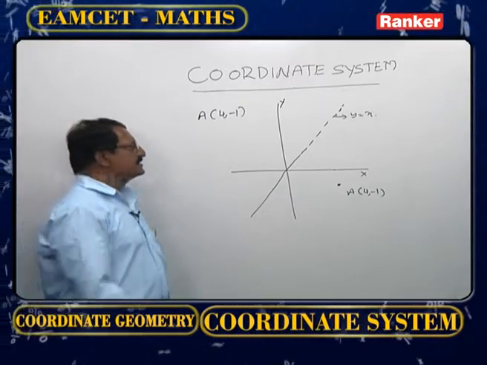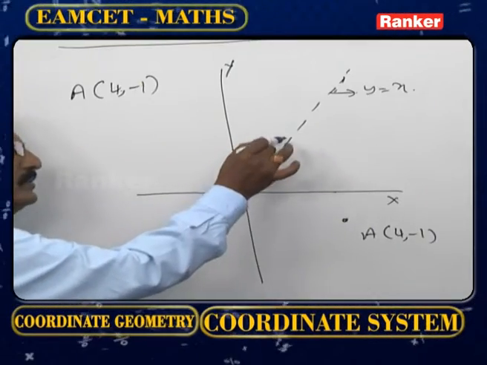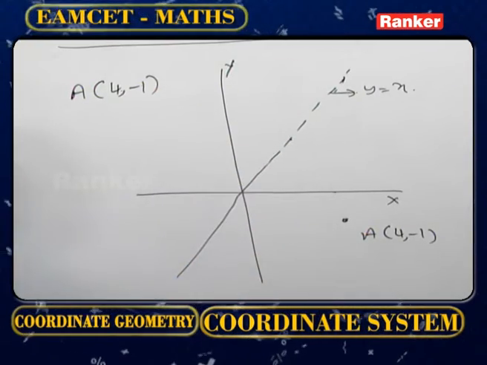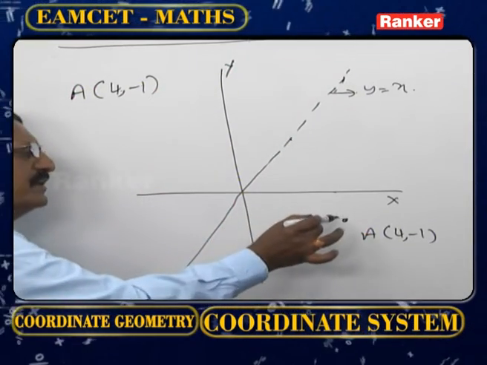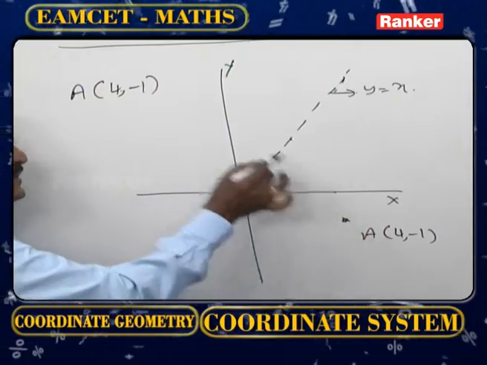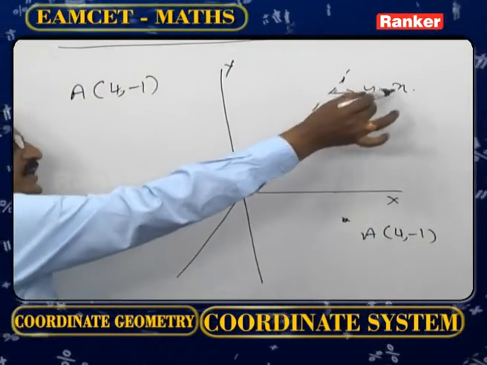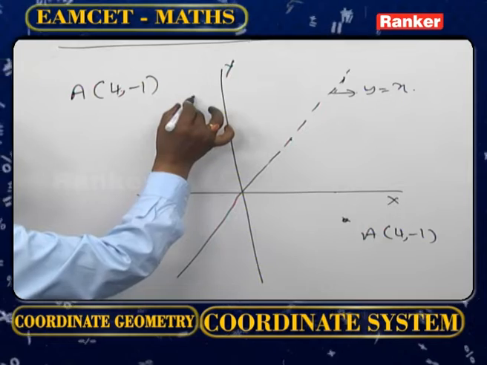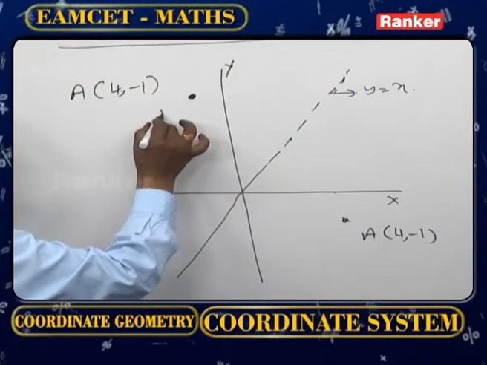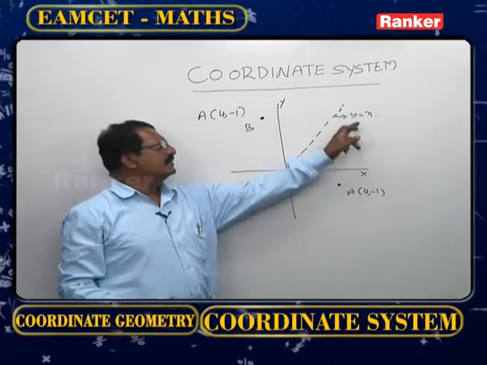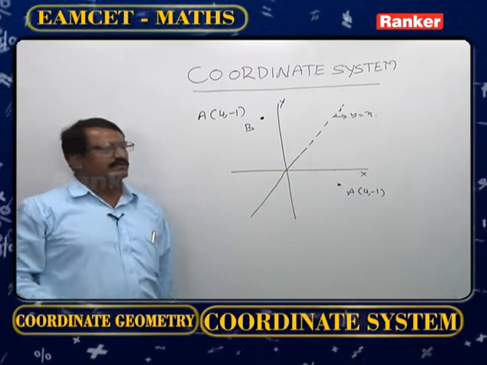Now B is symmetric to A with respect to the bisector of the first quadrant. Then B is nothing but the image of A with respect to the line y equals x. Then the coordinates of the point B equal the image of 4, minus 1 with respect to the line y equals x.